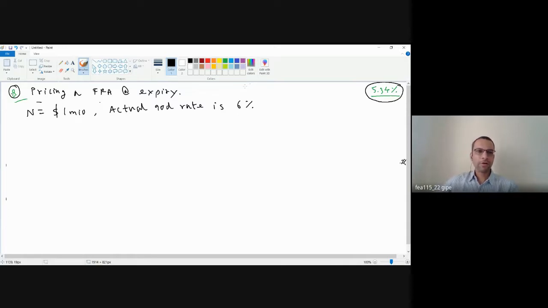So let's calculate the amount of profit. As step 1, I can calculate interest savings. And this is the difference between 6 and 5.34. So I can write this as, again, I'll need to unannualize this because it's a 90-day thing.